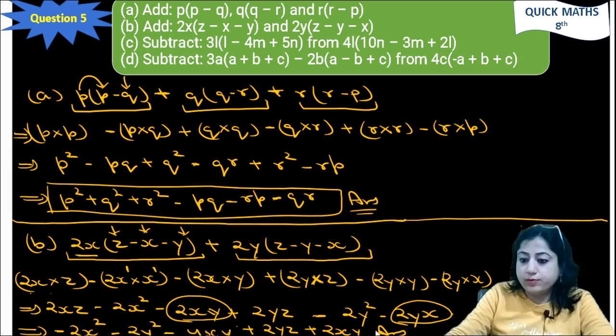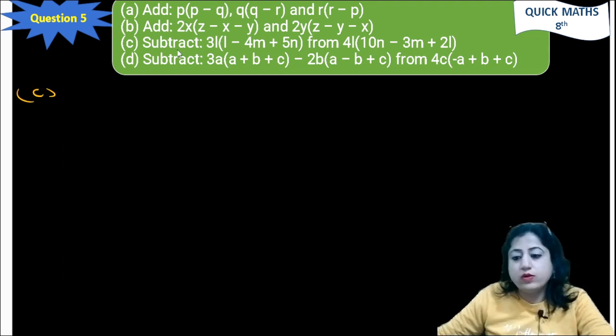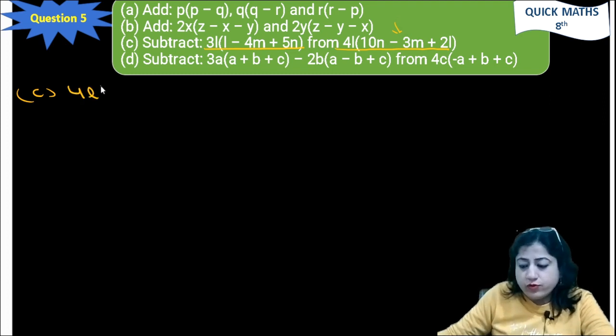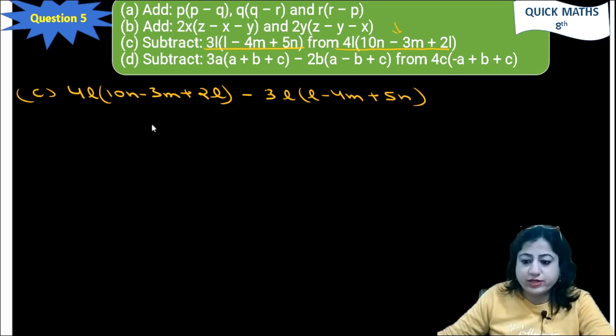Now come to the third part. The third part is a subtraction case. Now it says subtract this expression from this. Obviously from this means it will come first. So we will write 4l(10n minus m plus 2l) minus 3l(l minus 4m plus 5n). It will be a subtraction case.